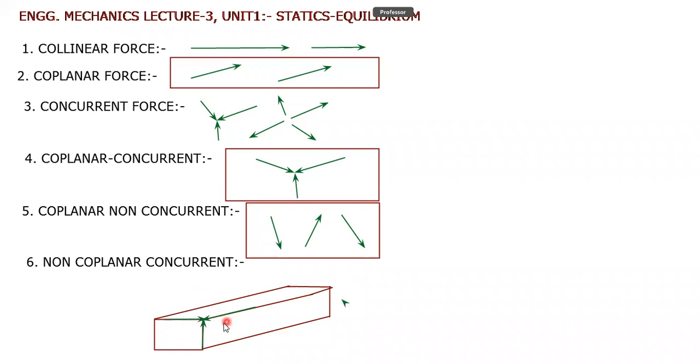Here you can see that these forces are meeting at the same point, but they are not in the same plane. So therefore, this force system is non-coplanar concurrent force system.